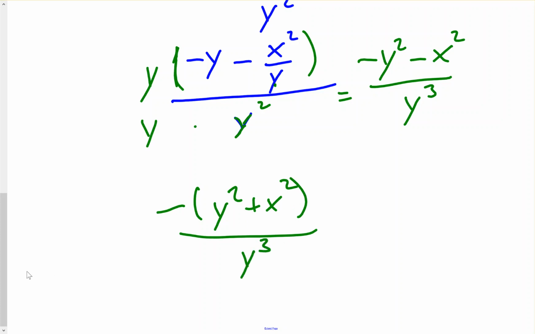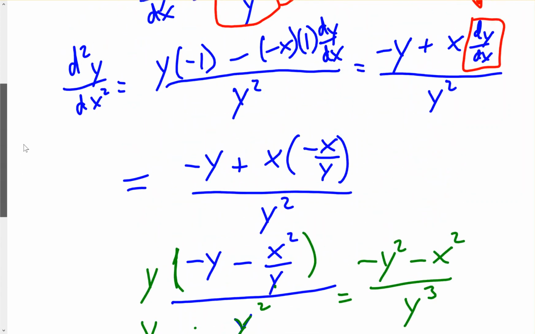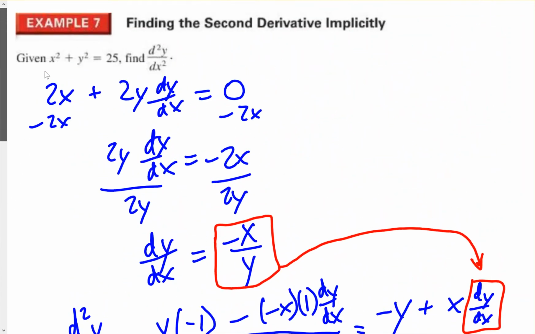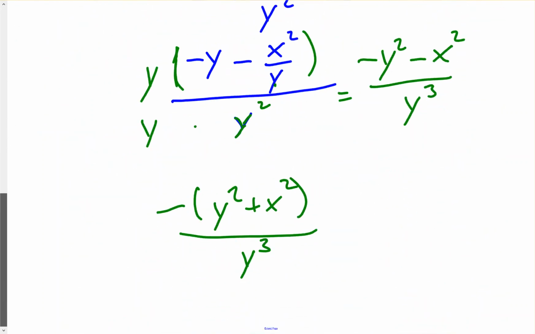Okay, now where did you see y squared and x squared in the problem? You saw it in the very beginning, right? x squared plus y squared equals 25. So what we're going to do then is replace your x squared plus y squared, because you know x squared plus y squared equals 25.